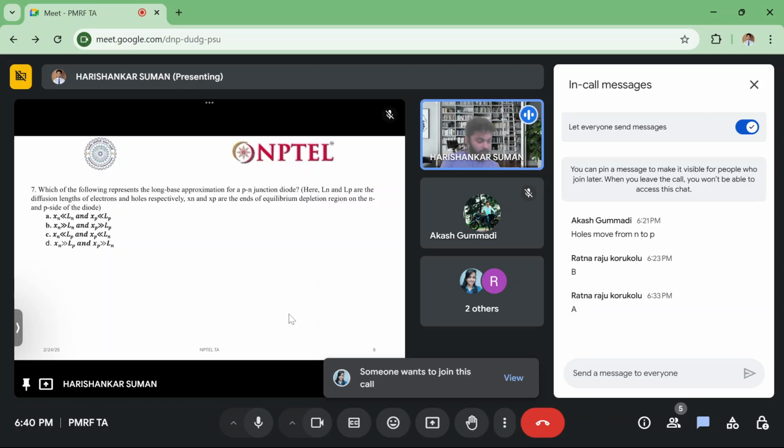Xn and Xp are the ends of the equilibrium depletion region in the n and p side of the diode respectively. So the answer is D.